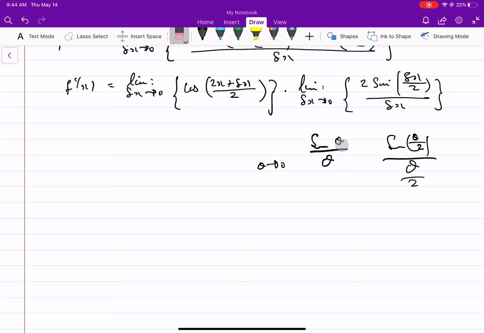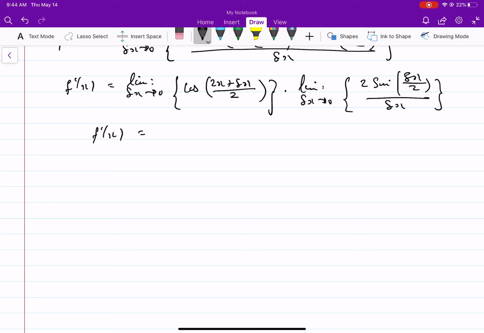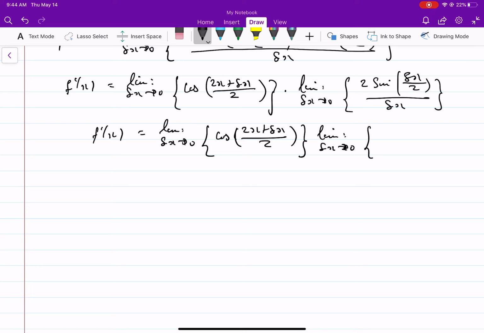Let me get rid of all this. So f prime of x now looks like the limit as delta x approaches 0 of that first part, which is cos of (2x plus delta x) all upon 2, times the limit as delta x approaches 0 of, if I divide the numerator by 2, this 2 will disappear.